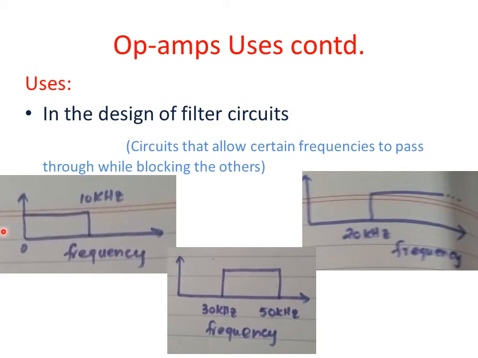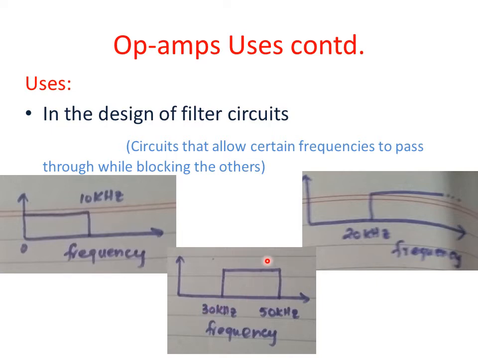So this case where starting from 0 to some value the circuit is able to pass the frequencies is called a low pass filter, because it has the ability to pass smaller signals starting from 0 to 10 kilohertz. In this case, the filter does not have the ability to pass the low frequency signals, but it is passing the frequencies from 20 kilohertz and above. This filter circuit will be called a high pass filter.